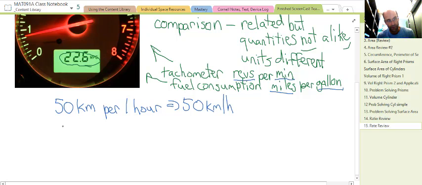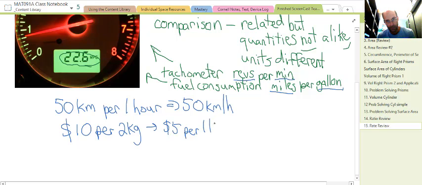When we go to the shops, if we buy $10 worth of bananas, and that gave us 2 kilograms, we would call that $5 per 1 kilogram, and we would see the price advertised at the supermarket as $5 per kilo, written like this.